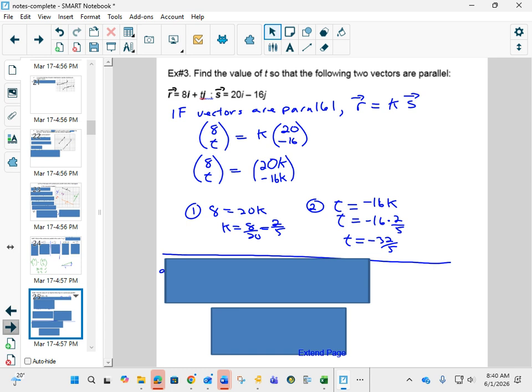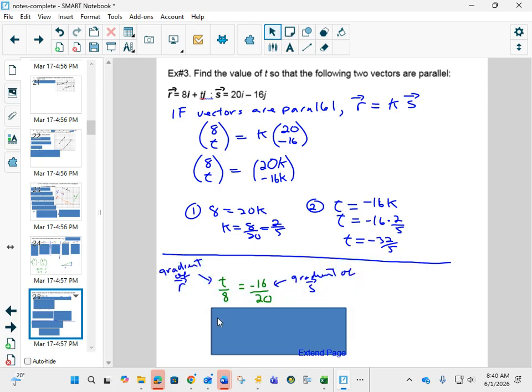So although the slope idea is nice, you're going to find that this idea of one vector being a multiple of the other is even easier. But you could just say, here's the slope of one, here's the slope of the other, and solve that way as well.